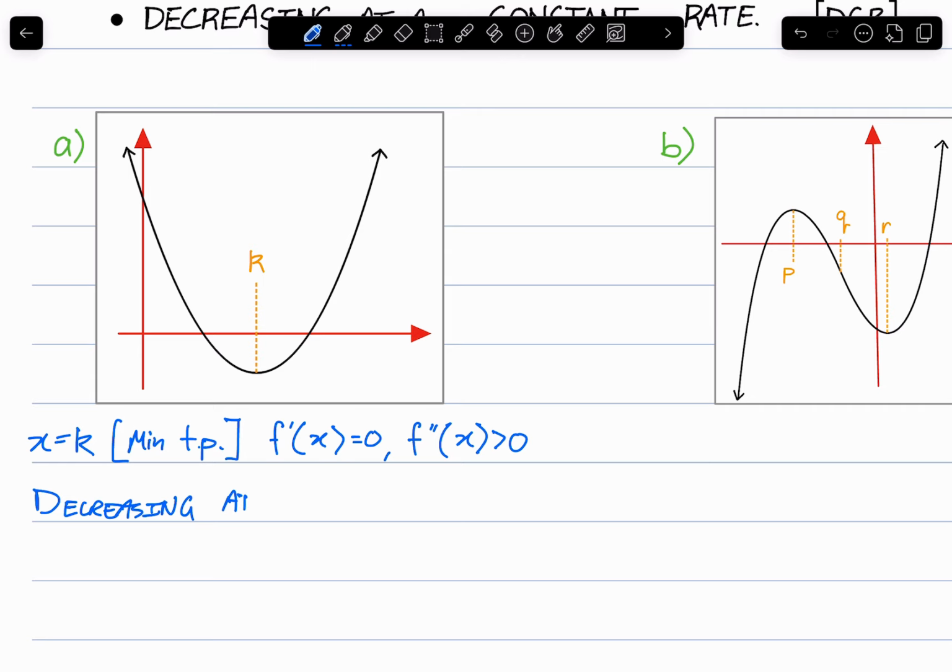Now it's just a matter of, is this getting closer to 0, meaning it's becoming more flat, or is it going closer to infinity, meaning it's getting steeper? Well, in this case, we can visually see that this is getting closer to 0, so this is decreasing at a decreasing rate.